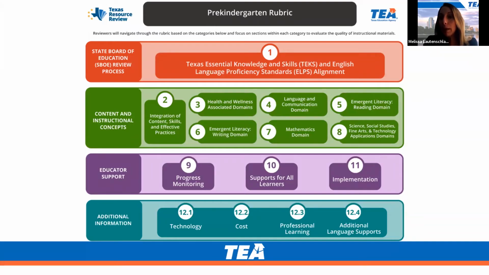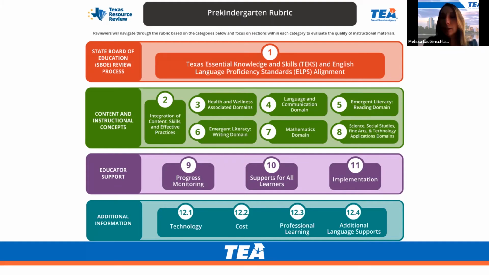The second major category is content and instructional concepts. All rubrics have this major group, but this is where it is very different across the content areas. In pre-K, there are several sections that are really specific to pre-K. One thing we heard loud and clear across the field and within the pre-kindergarten guidelines is that there needed to be an integration of content skills and effective practices, so there's a whole section 2 dedicated to making sure that's true.